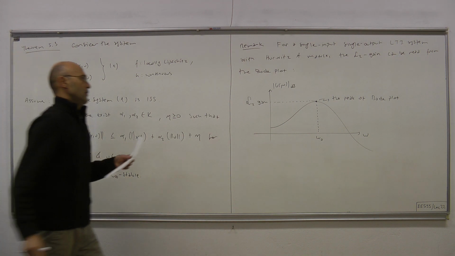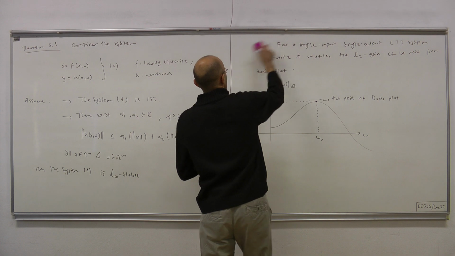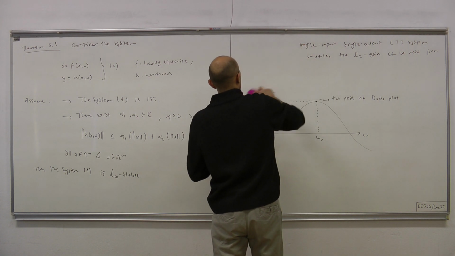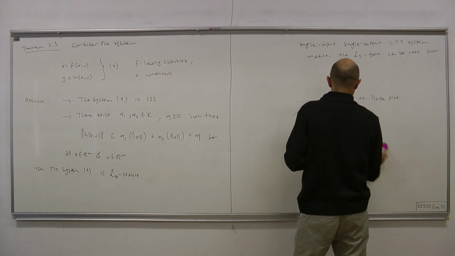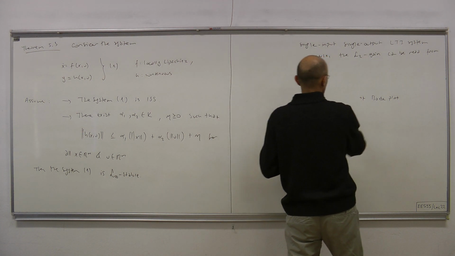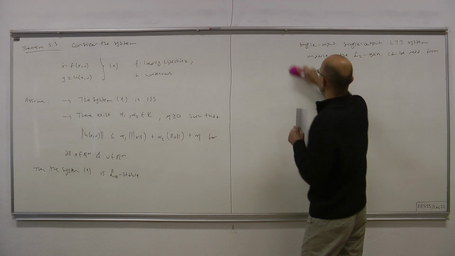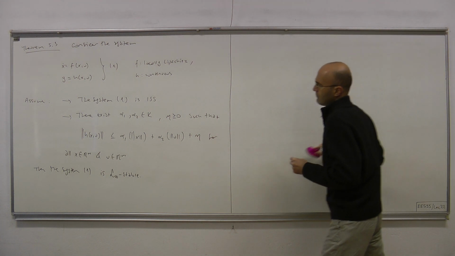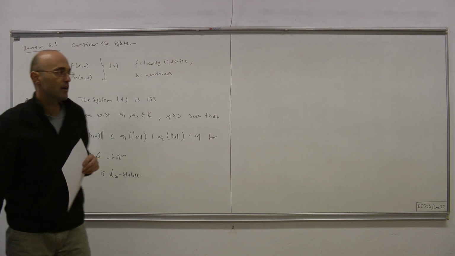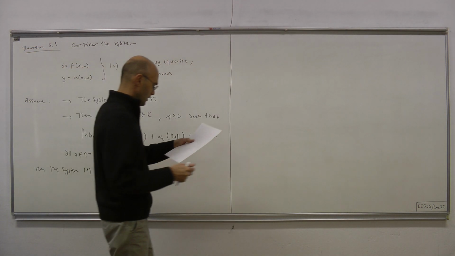And the proof is quite straightforward. All we have to do is invoke the definition of L infinity stability and input to state stability, and with a very tiny trick, we will obtain what's been claimed by Theorem 5.3.